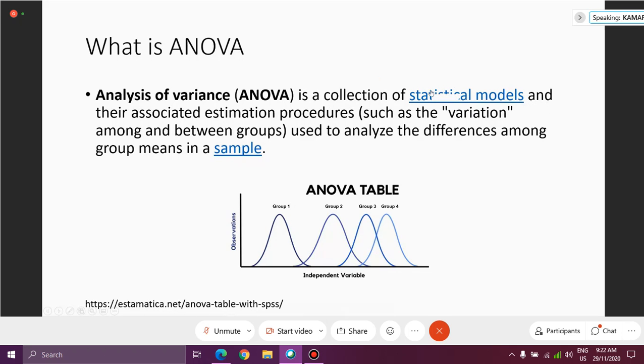So there is statistics, then there are also models. There are statistics that are not models, but ANOVA is one model, and this model belongs to statistics. So that's why we call it statistical models.